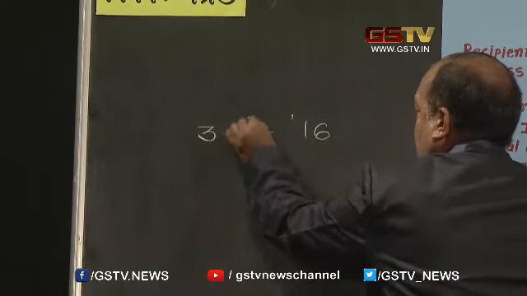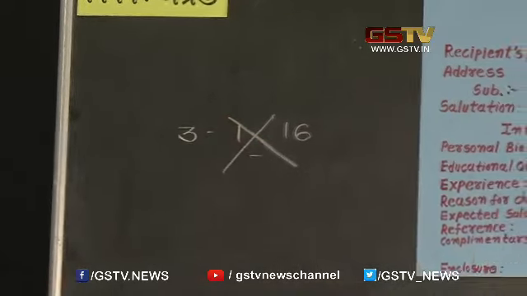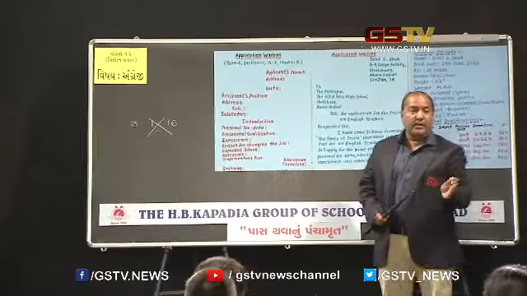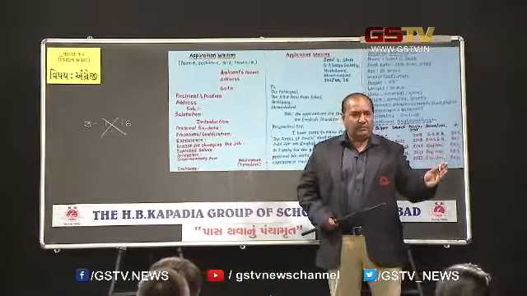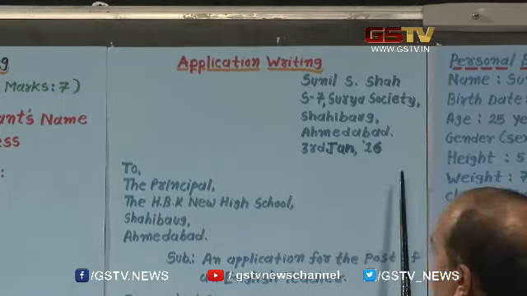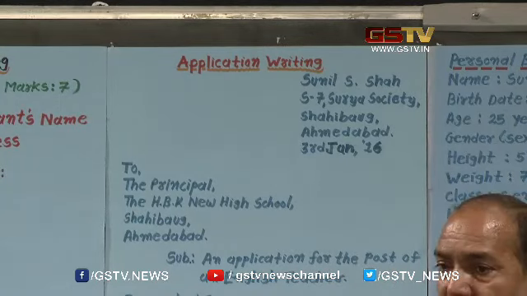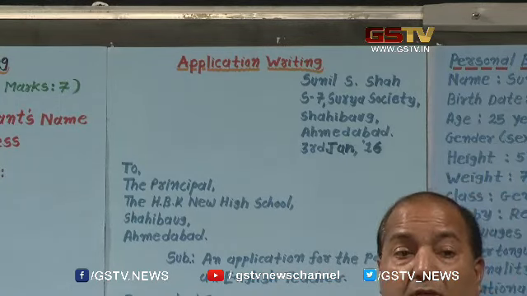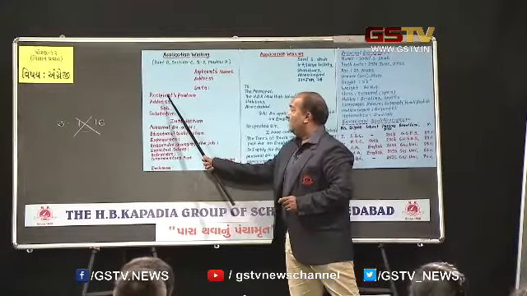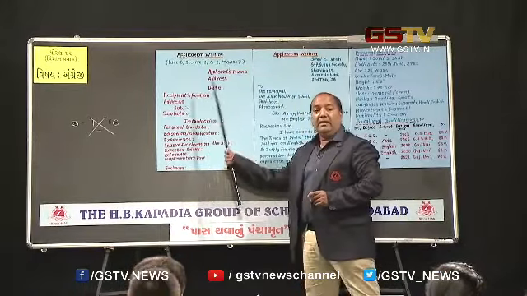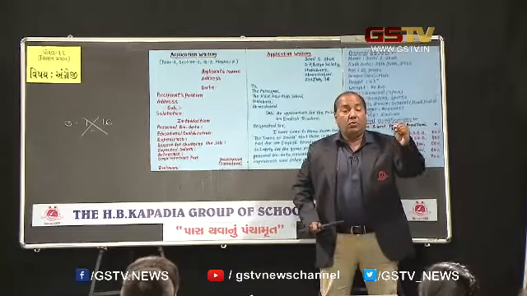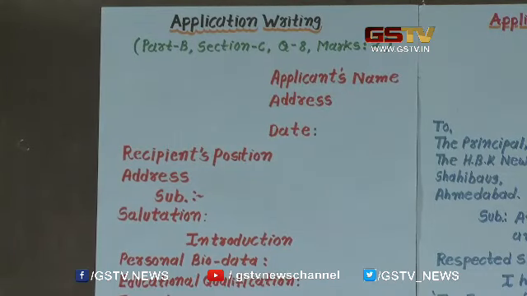This is the wrong method. We should write 3rd Jan, 24th Jan, 25th, 1st Jan in this way, and after the date the turn comes to the recipient's position and address, to whom we are going to write the application.